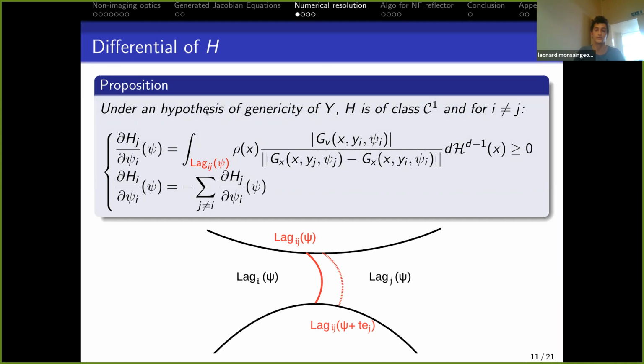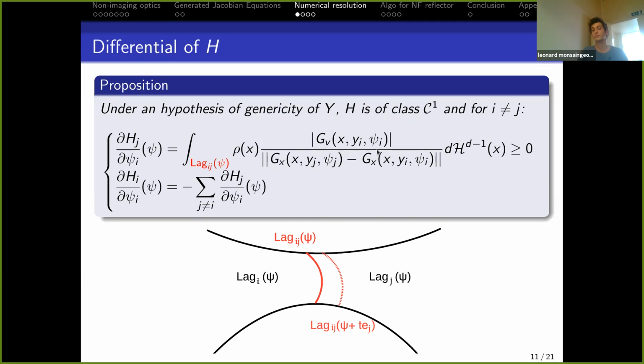So under a hypothesis of genericity on the target Y, we have that H is of class C1, and we have an explicit formula for the derivative of H, which is the integral over the intersection between two Laguerre cells of a continuous function. This function is continuous because of my hypothesis on my generating function.